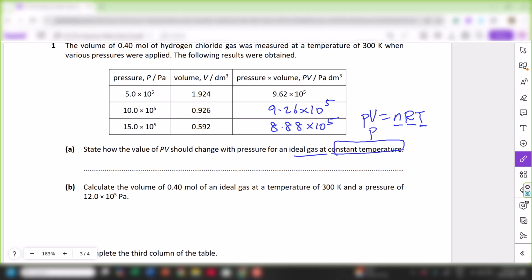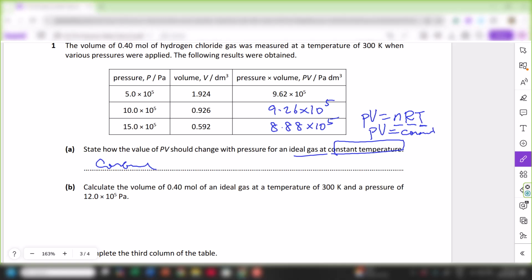Therefore, PV equals constant. What this is trying to say is that if I increase pressure, the volume will decrease by the same proportion to keep the multiplication of P and V a constant. So the answer should be a constant.